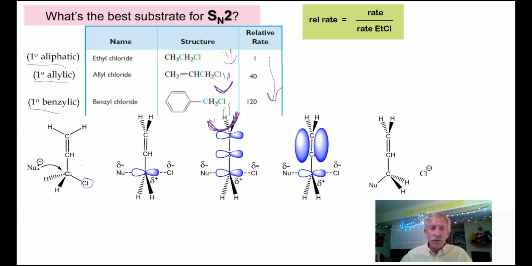Ignore the leaving group. So you would see that it is attached to a primary, only one other carbon, and it's primary. And which kind of last name would you give it? That primary carbon has a double bond next to it. That looks like this type of structure here. That's our friend the allylic. So this is a primary allylic.